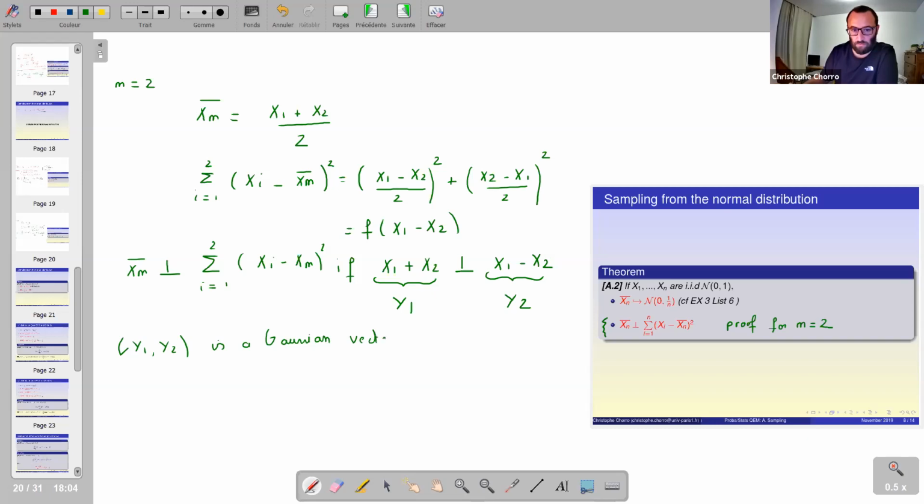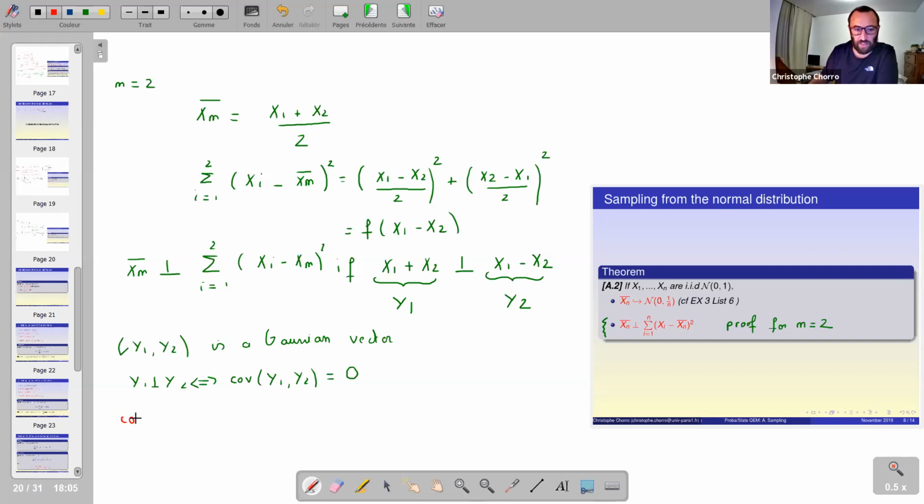And so in this situation, y1 independent of y2 is equivalent, because I am in the setting of Gaussian vectors, to the fact that the covariance between y1 and y2 is equal to 0. So I have to compute this covariance to deduce the independence.